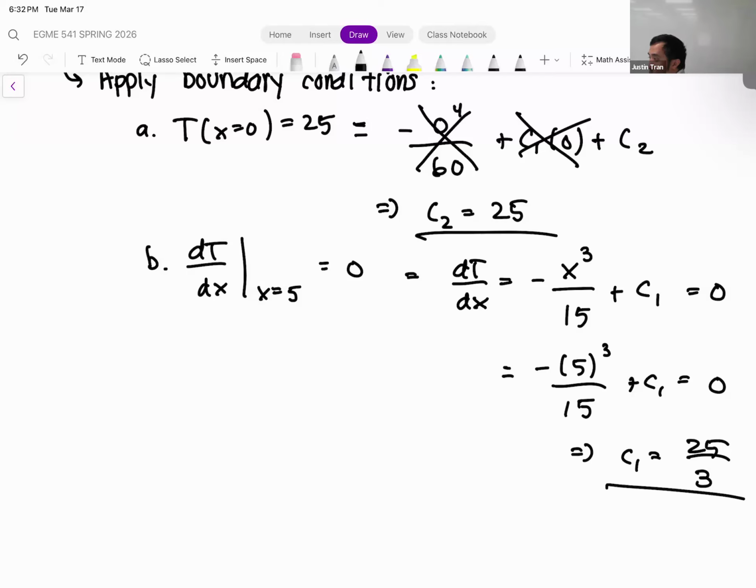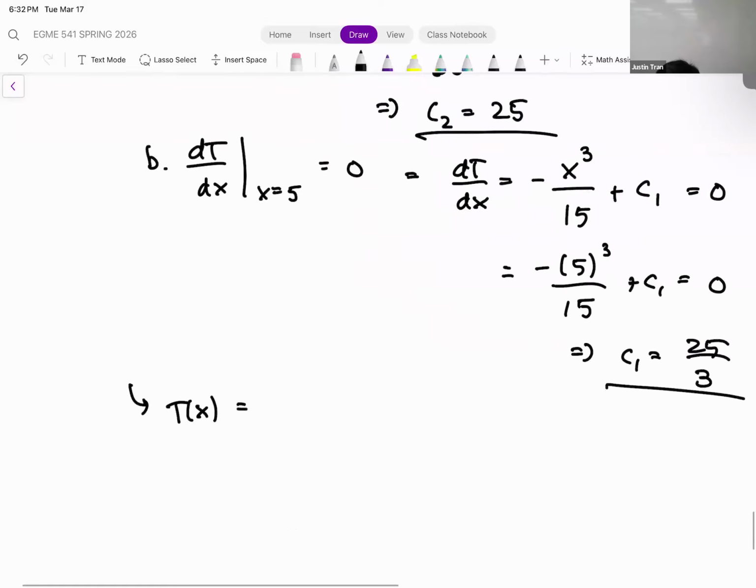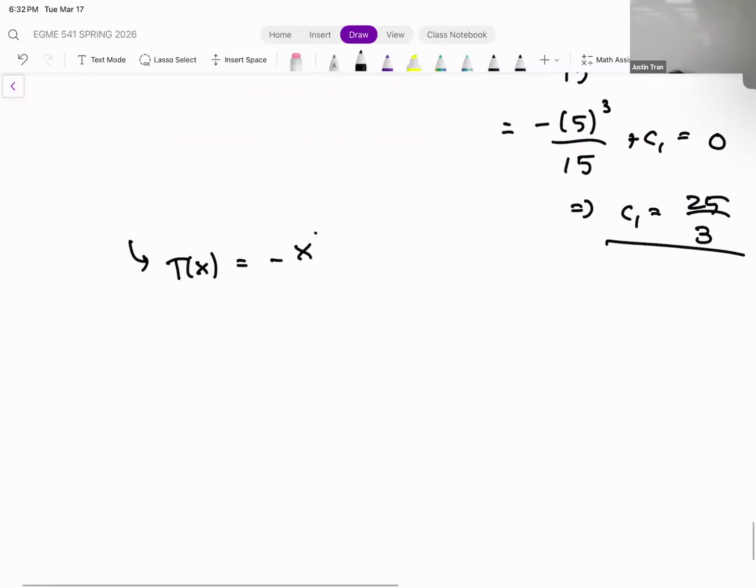All right, so now that we have c1, c2, we can go ahead and plug those in, and that gives us our final solution. So we get T of x is equal to minus x to the fourth over 60 plus 25 over 3 times x plus 25.